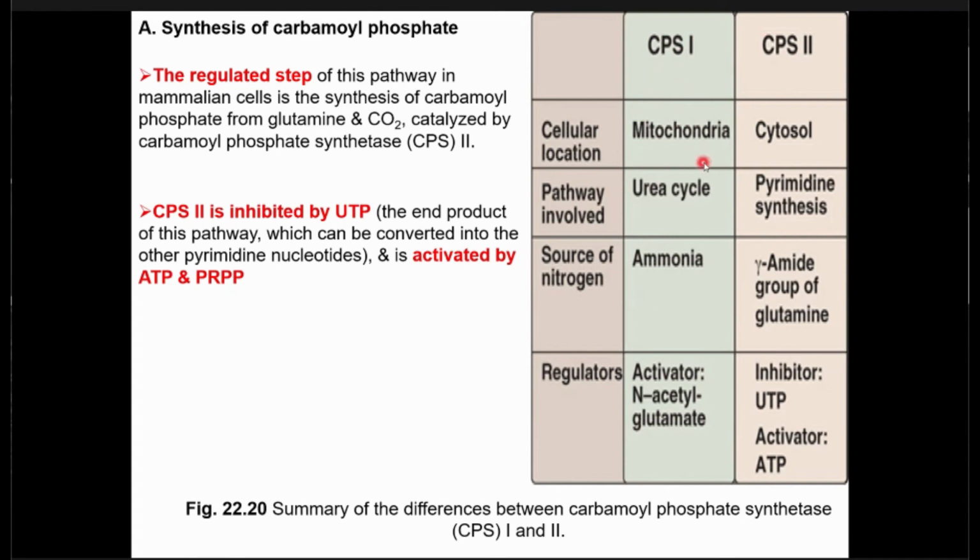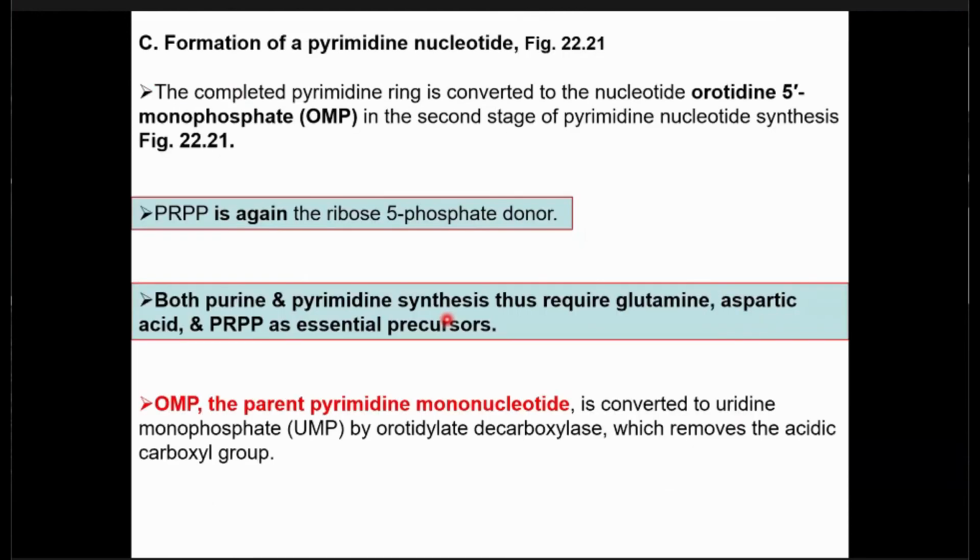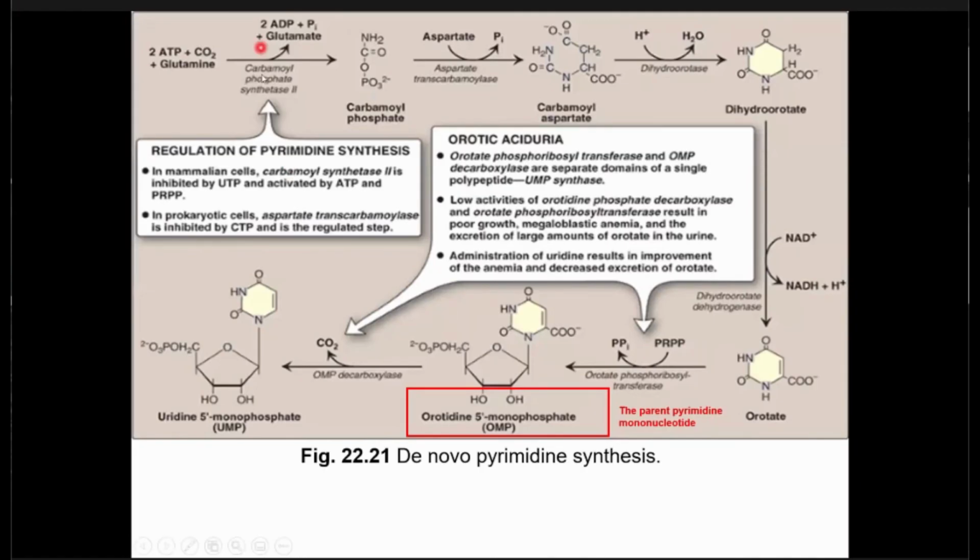So this slide is important as far as this enzyme is concerned. The most important slide in the pyrimidine reaction is the first one, where carbamoyl phosphate synthetase 2 is involved. You need to know what inhibits and what activates it.